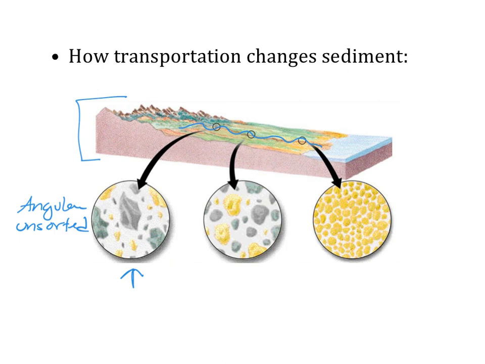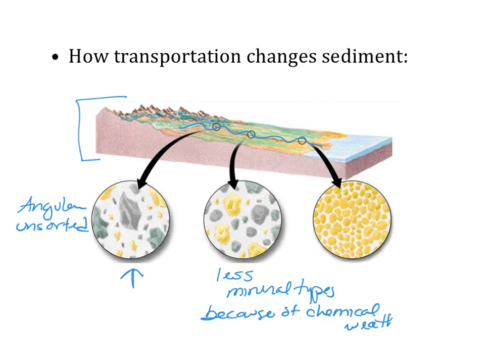So we end up with a less diverse sediment, so less minerals because of weathering, and specifically the chemical weathering. And also you can see that some of the sharp edges on the pieces have been worn off. So we've started to see some rounding going on here.